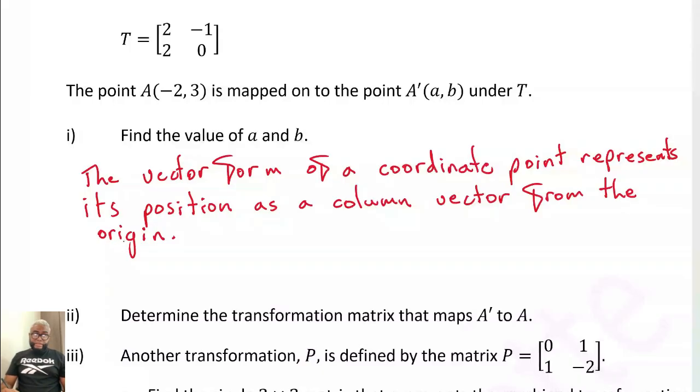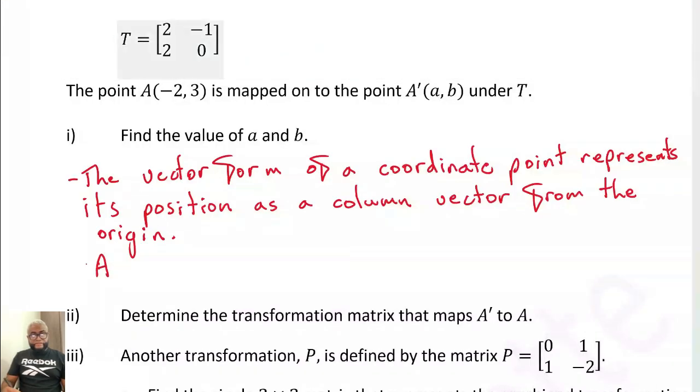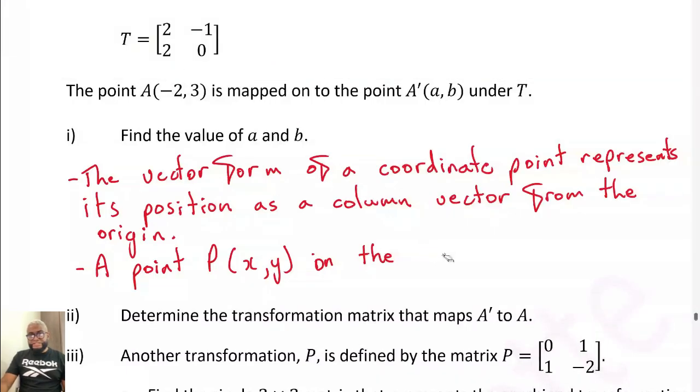So if I give you a point P, let's say it is x, y on the Cartesian plane.